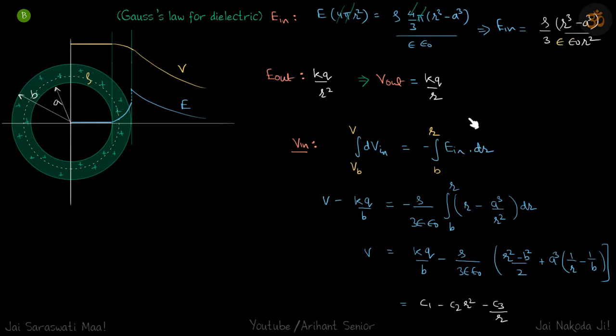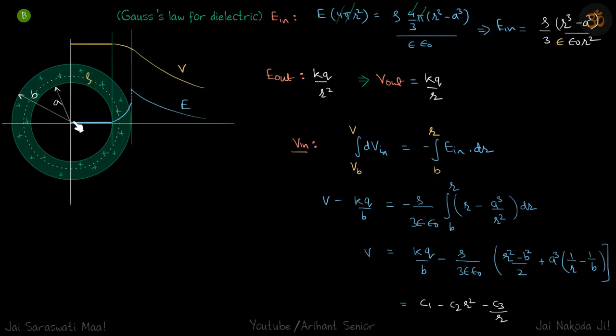So you put the value of E in here and you just integrate, and you will get your result in the form of C1 minus C2 R square minus C3 by R. The C1, C2, C3 are positive constants. So in this question we need to plot, so we don't need to actually worry about the actual constant values, but let's see how these vary.